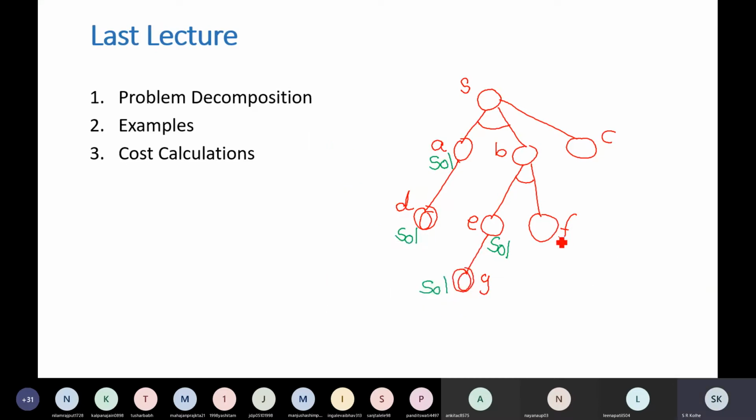Now suppose you are at node F. F is not a sub goal, so it has to be explored further. Apply the successor function on F, and suppose that has generated two nodes and that arc is an AND type of arc. This is H and this is I. H and I happen to be sub goals. Now what will happen?